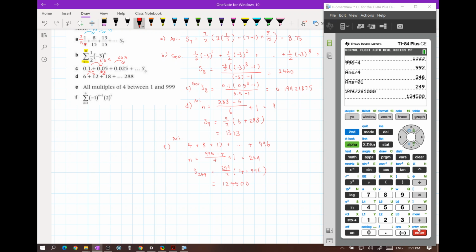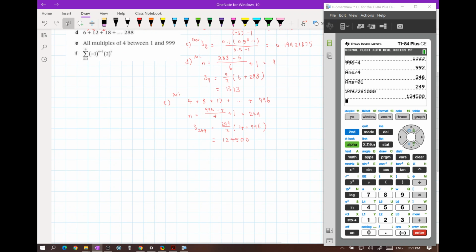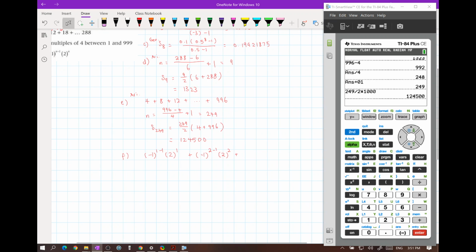And then finally for F, again we have a summation, so I would just substitute n equals 1, n equals 2, and maybe n equals 3, just to see what sort of sequence I have.